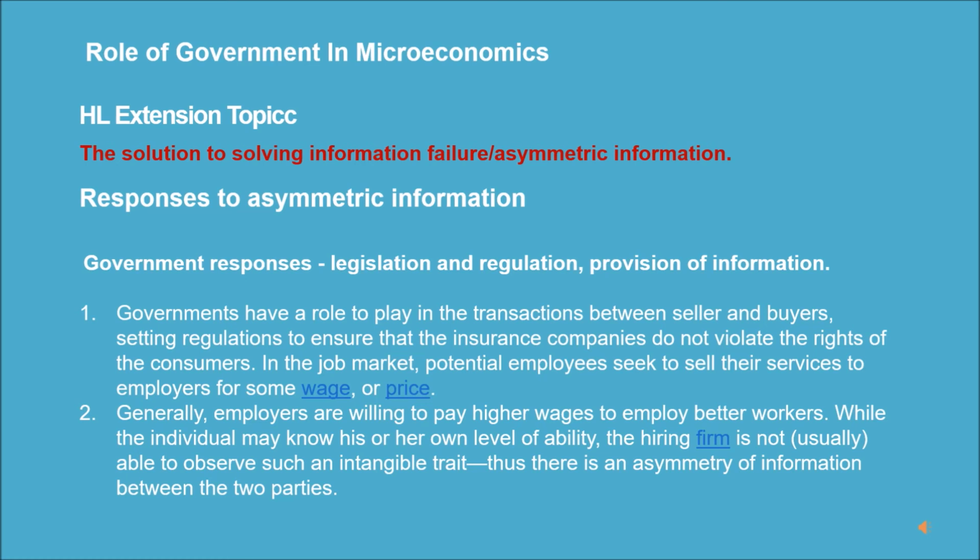Generally, employers are willing to pay higher wages to employ better workers. While the individual may know his or her own level of ability, the hiring firm is not, usually, able to observe such an intangible trait. Thus there is an asymmetry of information between the two parties.